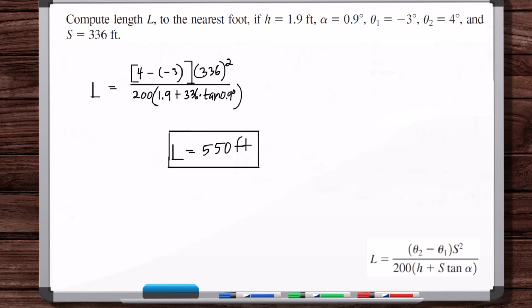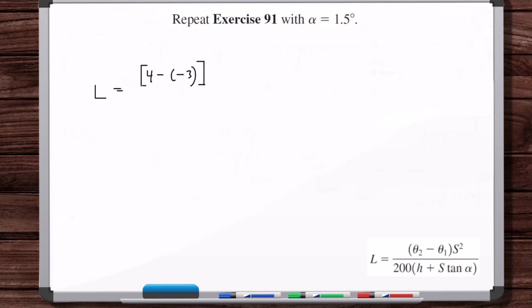Then S is 336. Then you've got 200, and then H is 1.9. Tangent, and now we're going from 0.9 to 1.5.